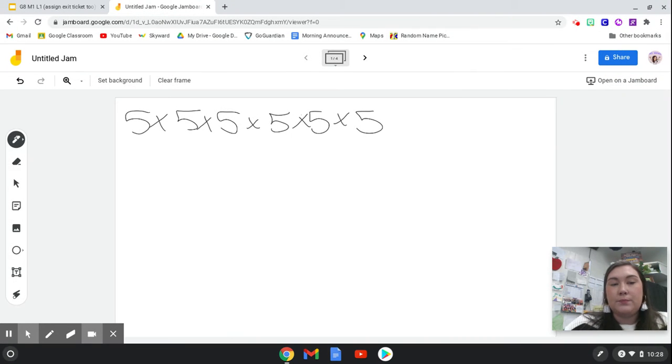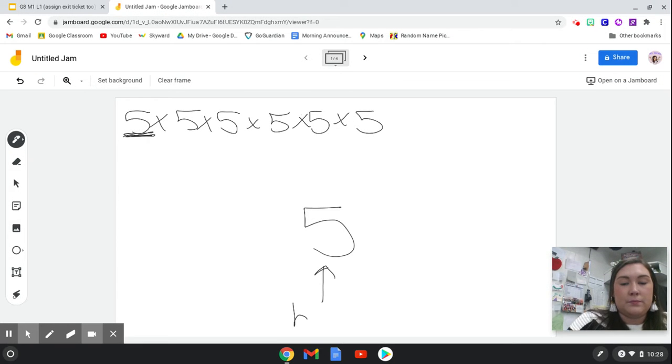And so this rule is telling us that to write an abbreviated form of this, we're going to take the number that they gave us, our base, which is 5. So this is our base. And then our exponent goes up here.